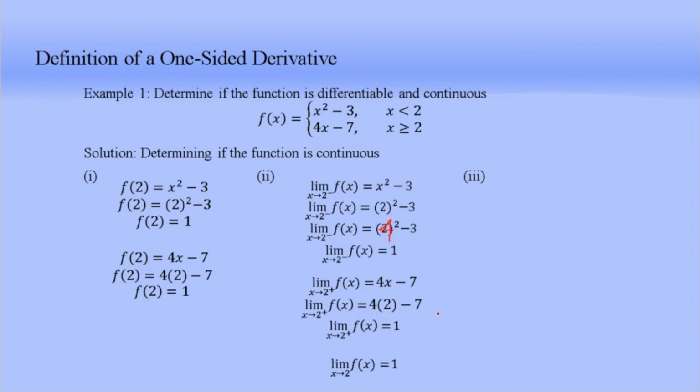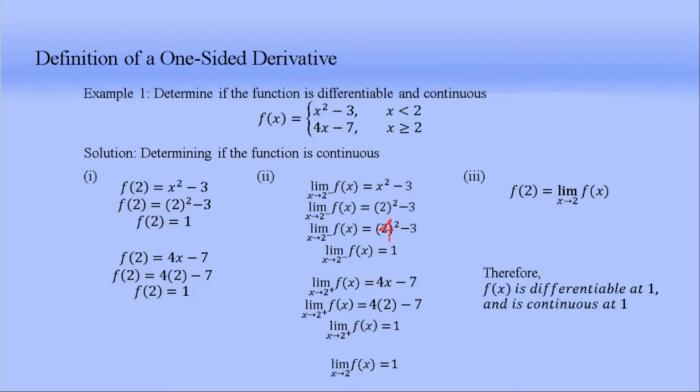Which means that the limit exists and the limit of f of x as x approaches 2 is 1. And this also satisfies the third condition. So f of 2 is equal to the limit of f of x as x approaches 2.